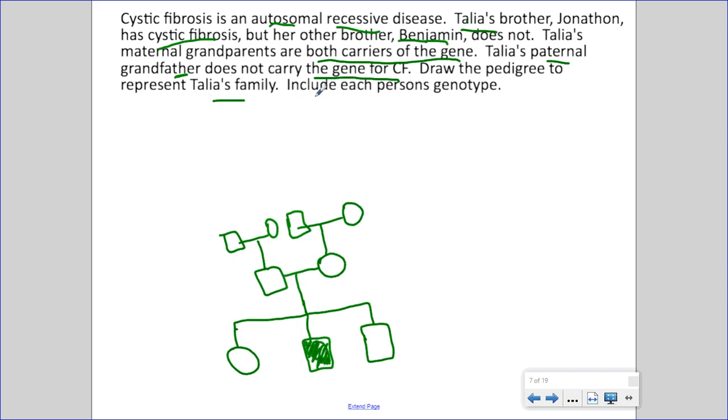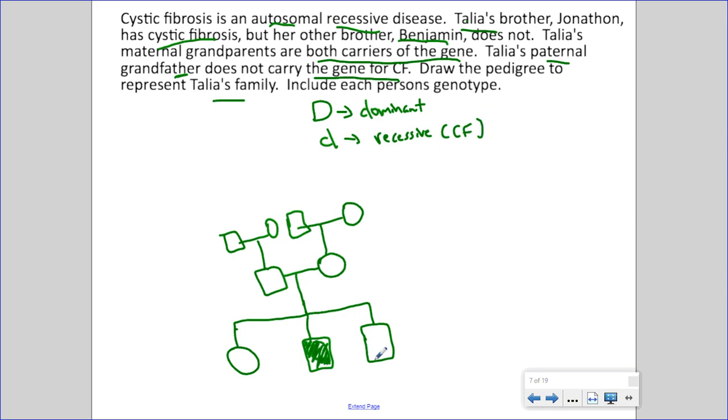For the sake of distinguishing the letters, we'll use a capital D to represent the dominant gene for the disease, and a lowercase d to represent the recessive or the CF gene.